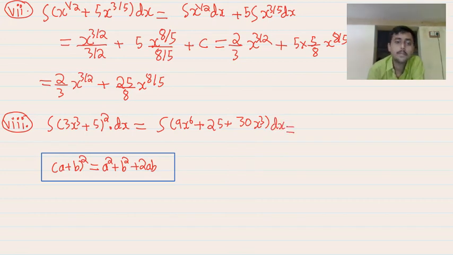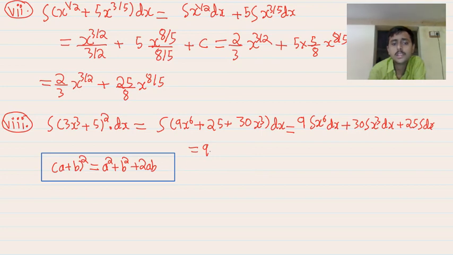So we will be separating the integrals. So we write 9x to the power 6 dx plus 30 integration x to the power 3 dx plus 25 times integration dx. So this becomes 9 into x to the power 7 upon 7 plus 30 into x to the power 4 upon 4 plus 25 into x plus c.